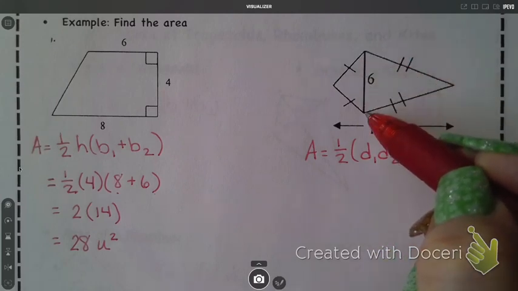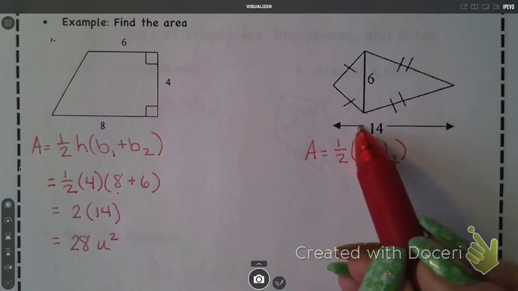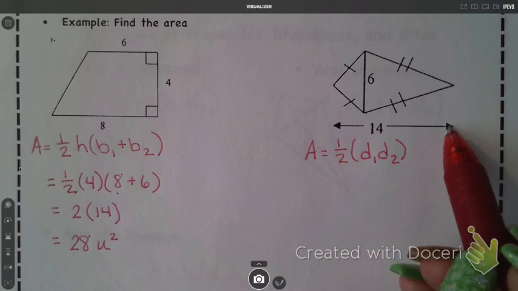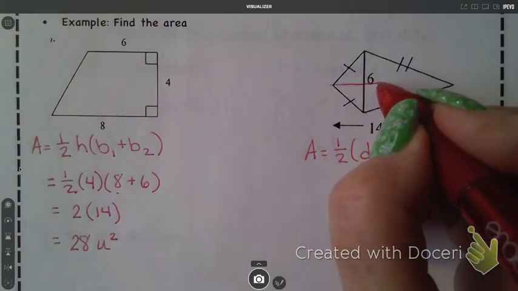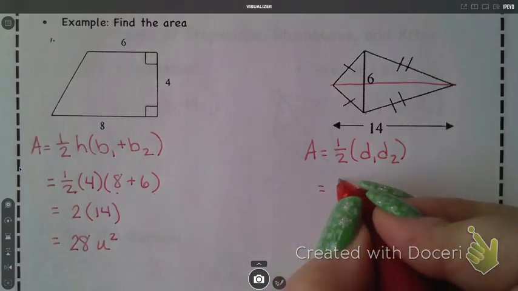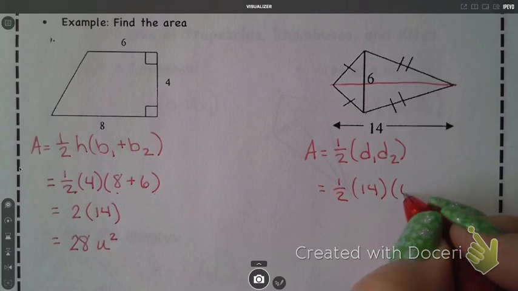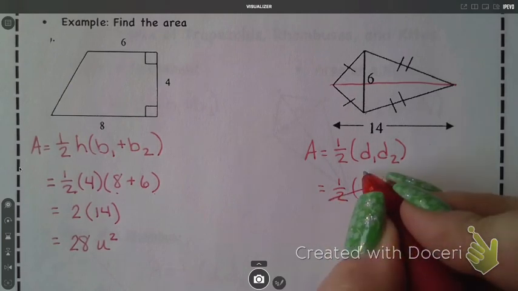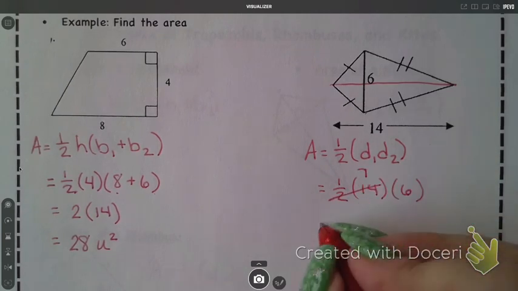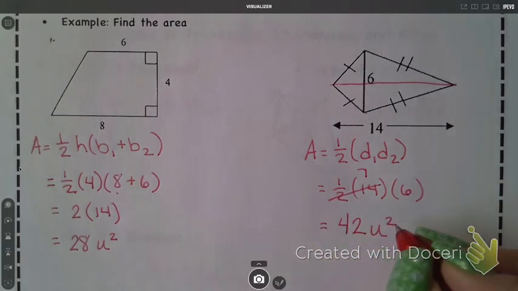What is the other diagonal? 14. How do you know it's 14? Just because it's marked at the bottom doesn't mean it's, I could do a diagonal right here and it'd be what? 14. So I have 1/2, 14 times 6. So half of 14 is 7, and 7 times 6 is 42.